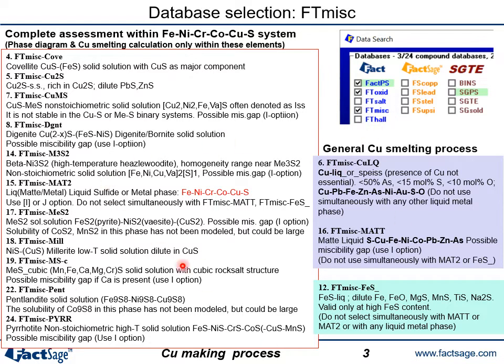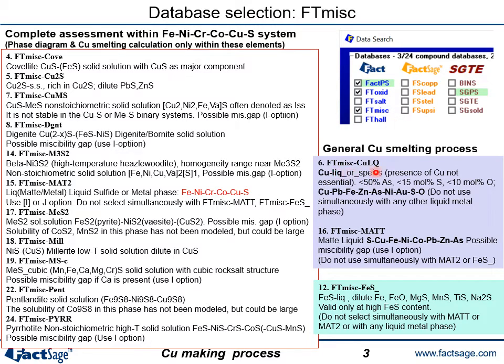So this slide shows you a clear idea of how to select the database depending on your application. So for example, if you want to do copper smelting process and also converting process and the refining process itself, you can simply use these two solutions mainly from the FTmisc database.